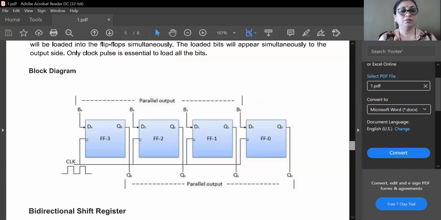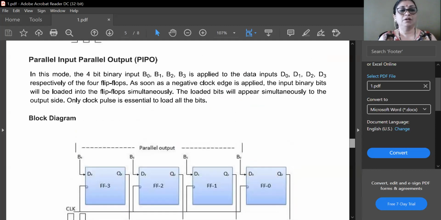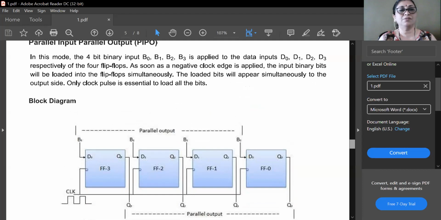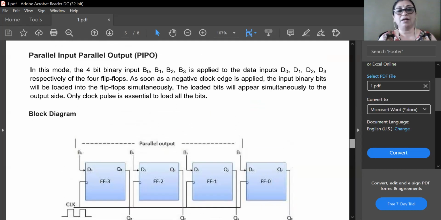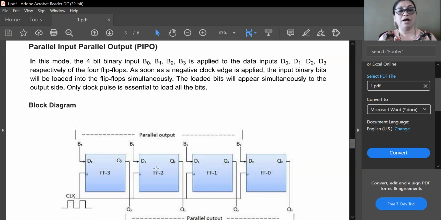Okay, so here you can observe which mode of operation. This is a very simple mode of operation, that is parallel in and parallel out. So as we are using parallel in parallel out type of shift register here, and it is a 4-bit shift register, we are using 4 flip-flops.